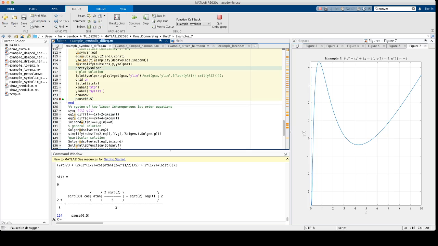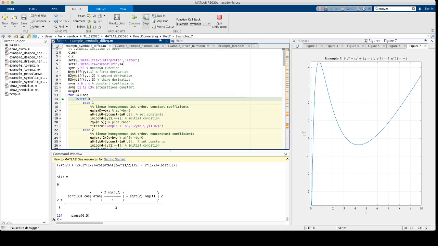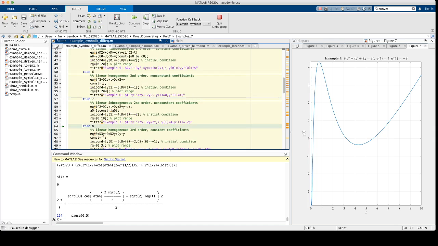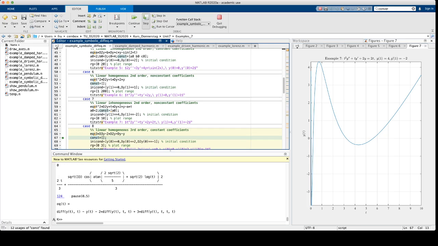Let's carry on to the next example, which is number 8. This is a linear homogeneous third order equation with constant coefficients. We now need 3 initial conditions.